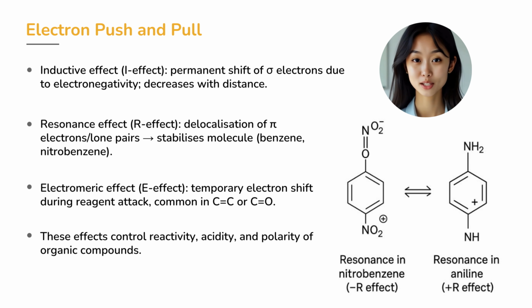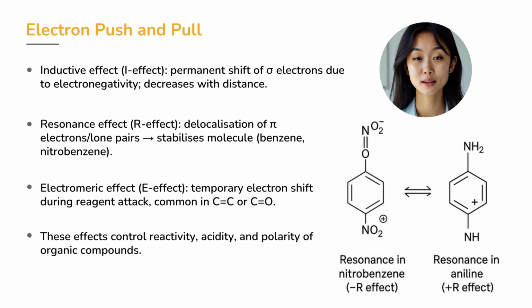Every organic molecule is influenced by electronic effects, just like how people react to push and pull forces. The inductive effect is the permanent shifting of sigma bond electrons due to differences in electronegativity. It decreases as you move away from the electronegative atom. The resonance effect, on the other hand, is the delocalization of pi electrons or lone pairs across conjugated systems.